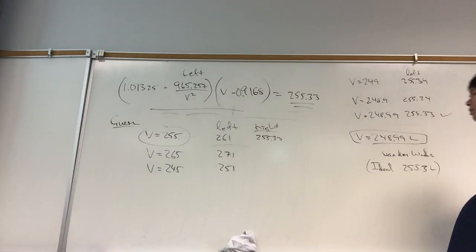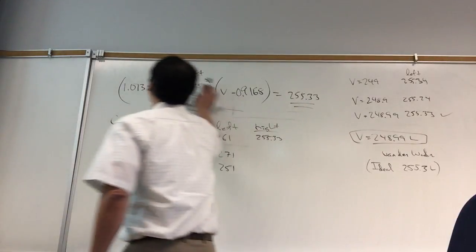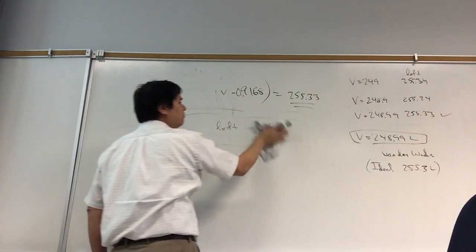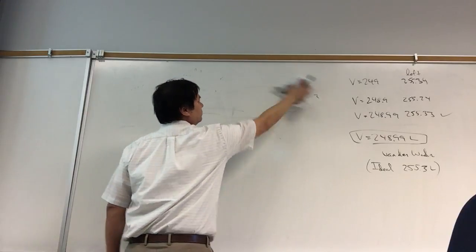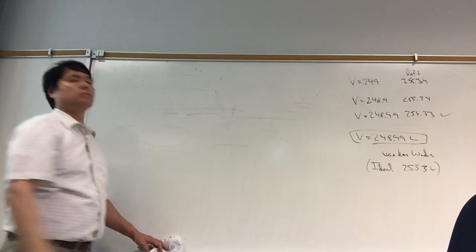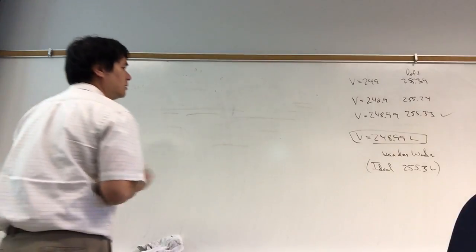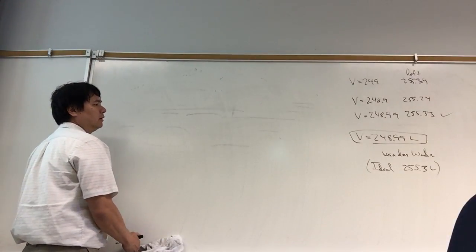Well, anyway, which one's more accurate? Which one would you have more confidence in? The ideal gas volume or the van der Waals volume? You would have more confidence in the van der Waals volume because it takes care of the things.